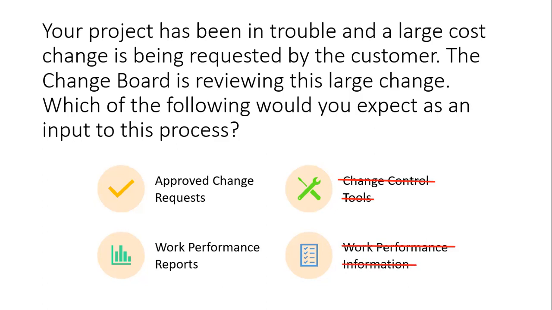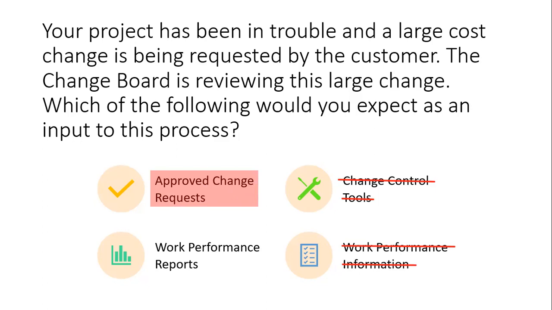Taking a look, we've got two left. These two are in some way associated with the process. The very first one, approved change request, as the name implies, is a change request that has been approved as a result of this process, perform integrated change control. In other words, this is an output of perform integrated change control.